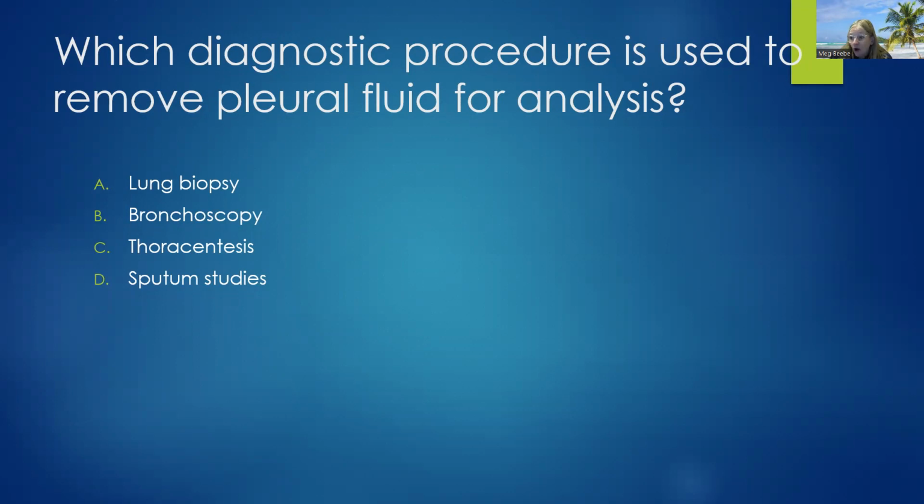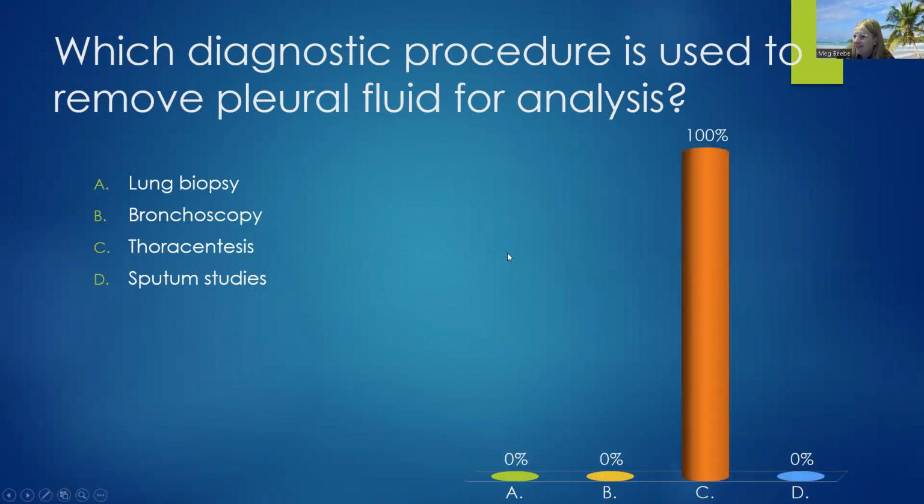Signs and symptoms to watch for to see if your patient has a pneumothorax are any tracheal deviation, shortness of breath, or if you do not hear lung sounds over the side that we have gotten the fluid or the air from. Okay, so the answer is thoracentesis.